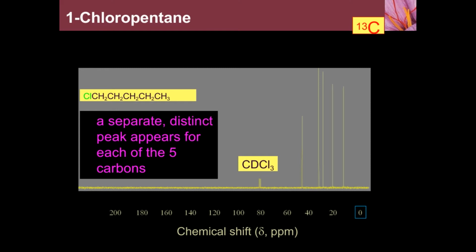Carbon 3 gives a triplet. Carbon 4 gives a triplet. And carbon 5 gives a quartet, observed at about delta 13 to 14 ppm. These are shielded because of the very close CH2 group.